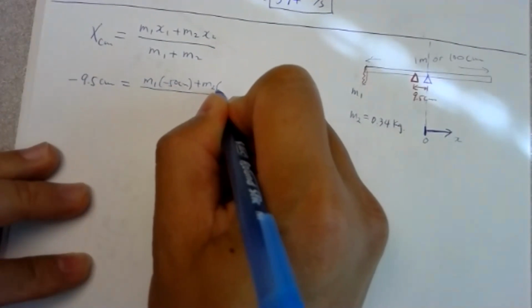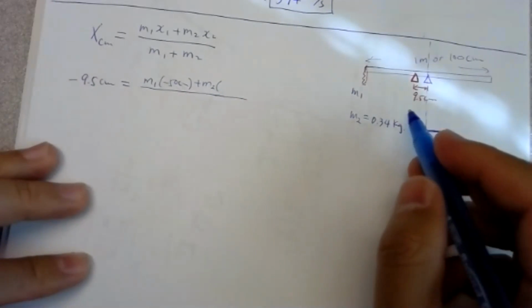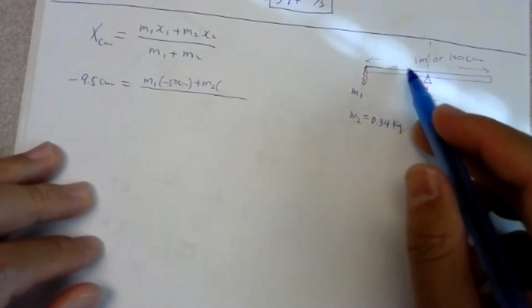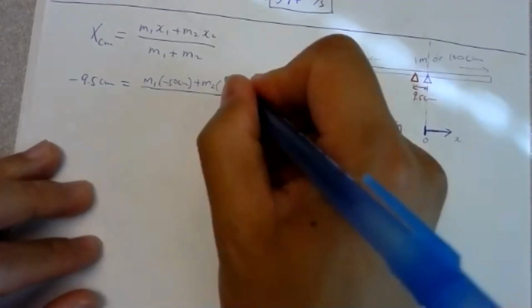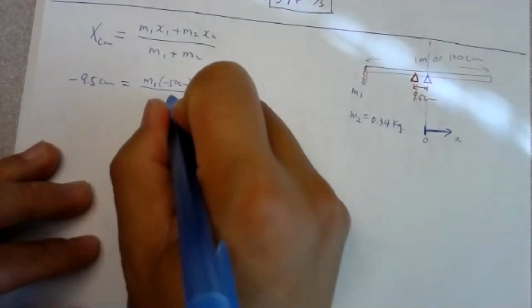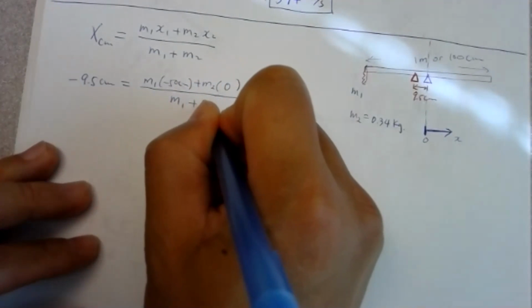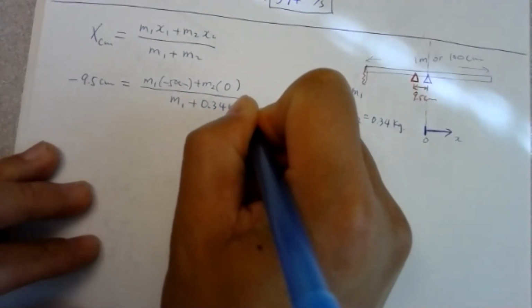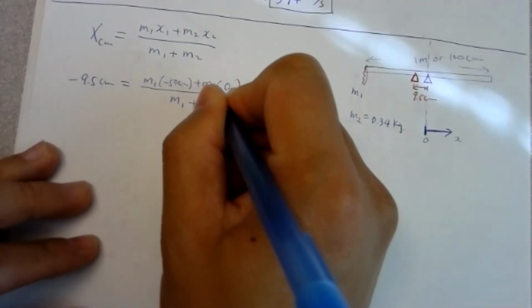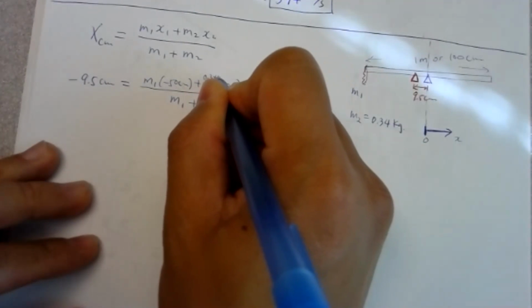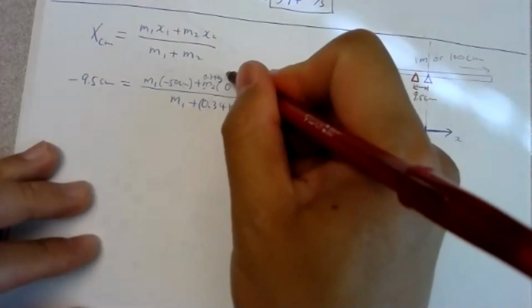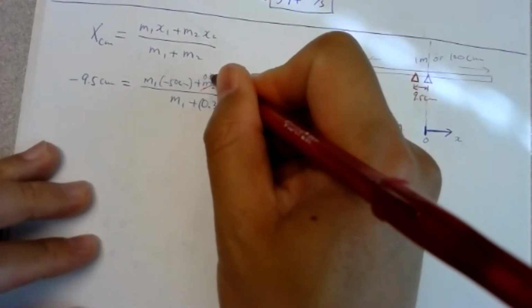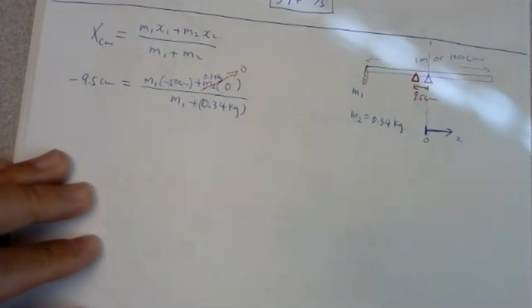Plus m2 multiplied by x2. x2 is the position of the meter stick, which I chose to be 0, so that term is 0. Then m1 plus m2 goes down here, where m2 is also 0.34 kilogram. The second term on the top goes away, since 0.34 multiplied by 0 is still 0.